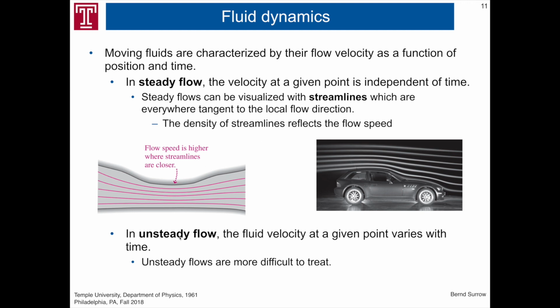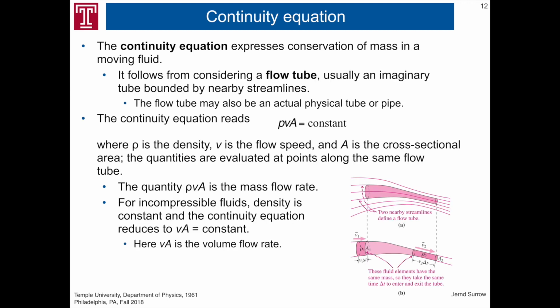So now the so-called continuity equation expresses the conservation of mass in a moving fluid. And the continuity equation refers to the following, that the product of density times velocity times area is simply a constant.